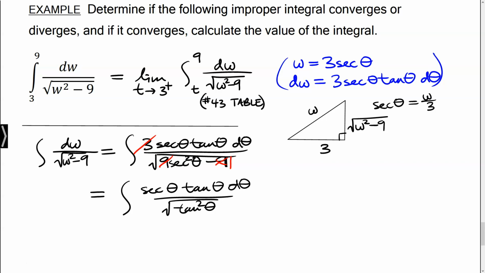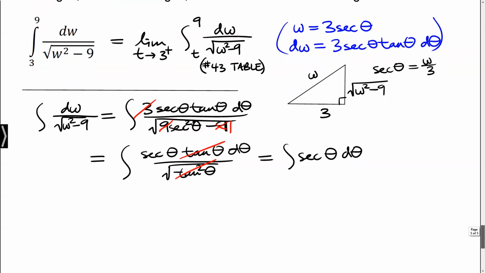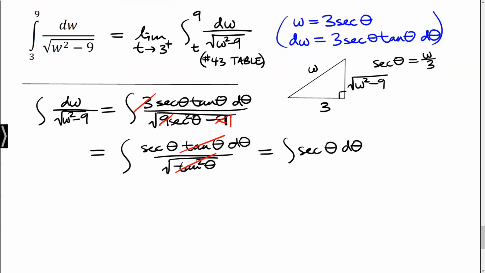So we're able to cancel the tangents here. And we're integrating secant, which, again, is one of those strange integrals that you really should commit to memory. It's the natural log of absolute value secant plus tangent. So ln of secant plus tangent. Of course, we do have to plug back in.